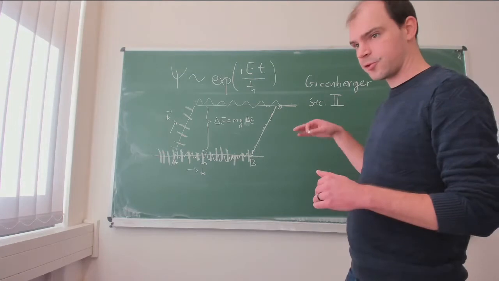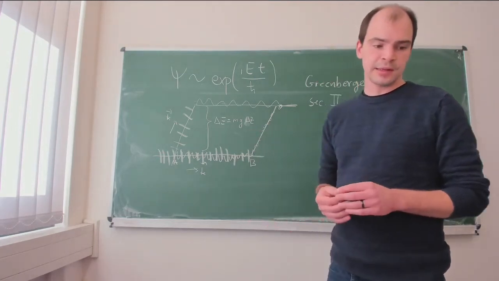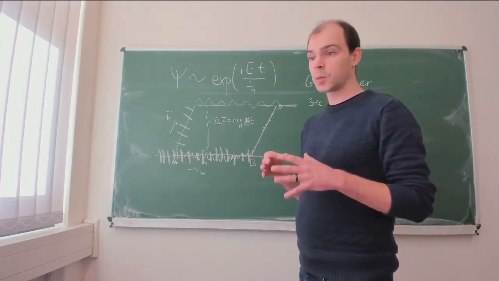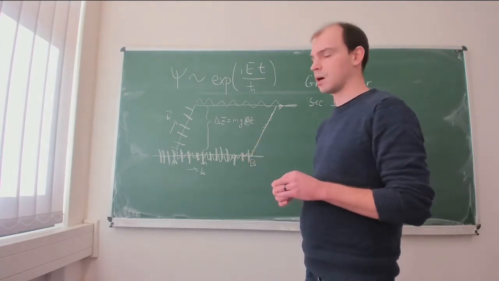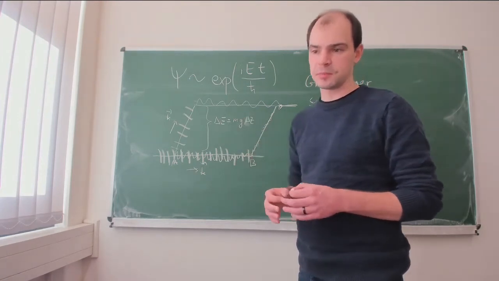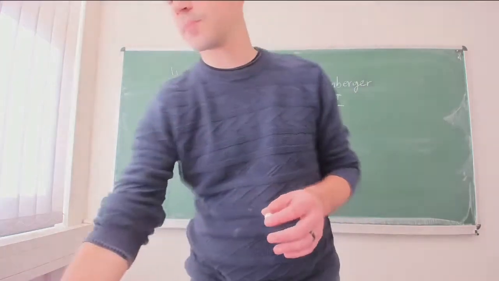And then, if we have established this fact, we can start discussing the situation with gravity and the question, how does the gravitational potential change the interference pattern that we see? So this is the next section we're coming to now.